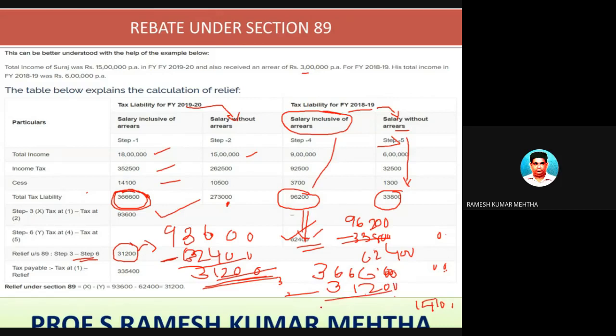So after tax relief, your tax liability is 3,35,400. So this is the figure. This is the tax payable after calculating rebate under section 89.